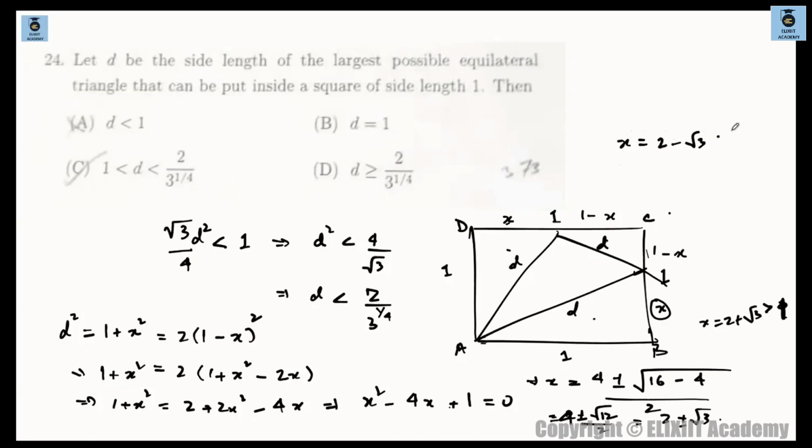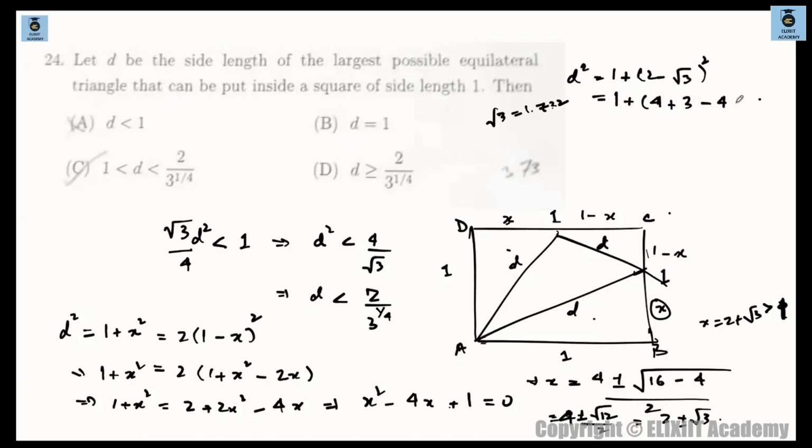If x is 2 minus root 3, we can find d square from here. d square will be 1 plus 2 minus root 3 whole square. This is 4 plus 3 minus 4 root 3, so this becomes 8 minus 4 root 3.